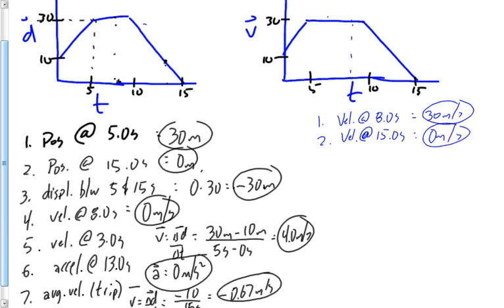What if I ask you for the change in velocity between 8 and 15 seconds? Is it 30 minus 0 or 0 minus 30? Final minus initial, right?